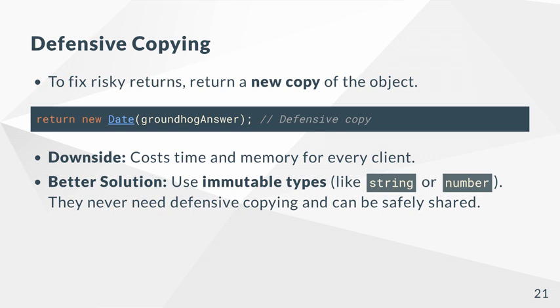While this protects the internal state, it is inefficient because it wastes time and memory creating copies that 99% of clients might never even change. The superior solution is using immutable types, which can be safely shared across the entire program without any risk of one part stomping on another's data.